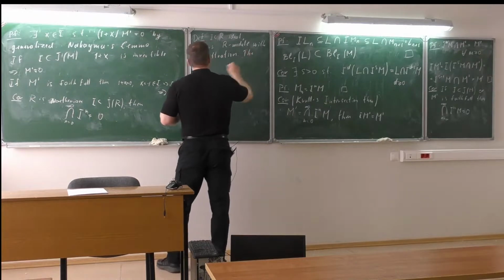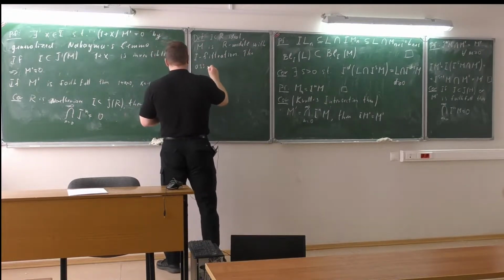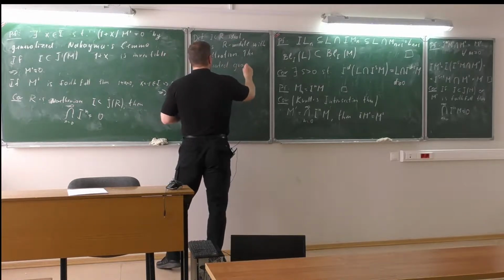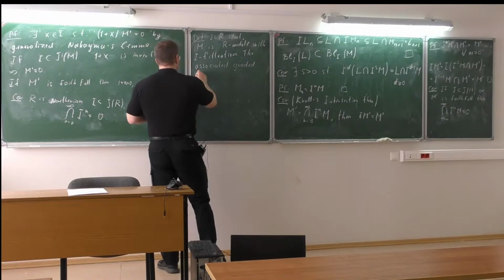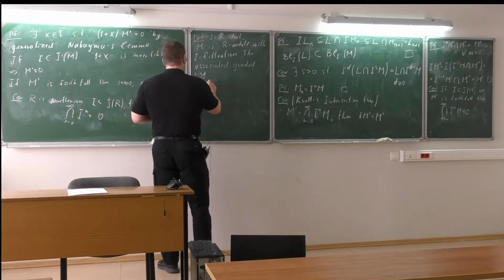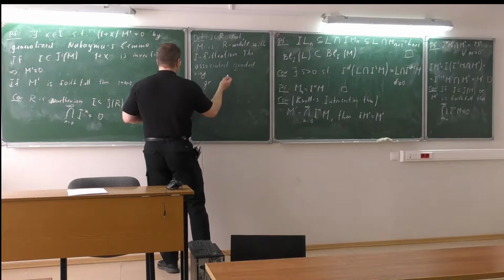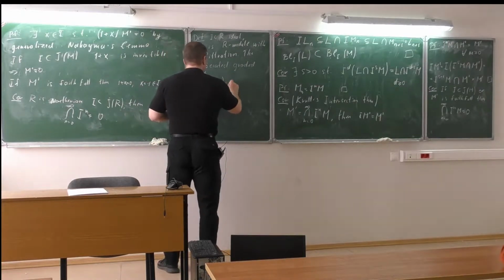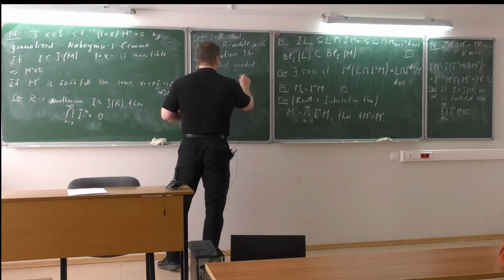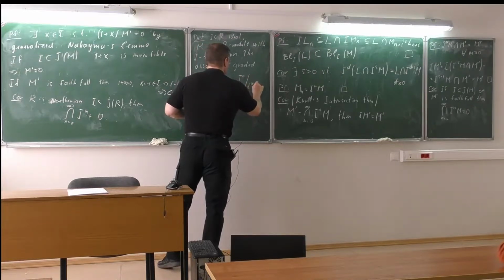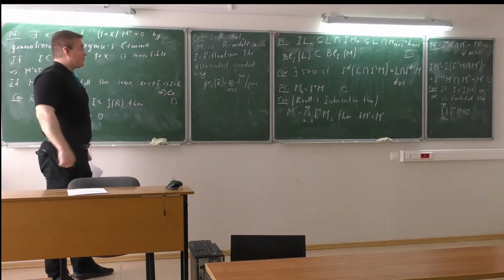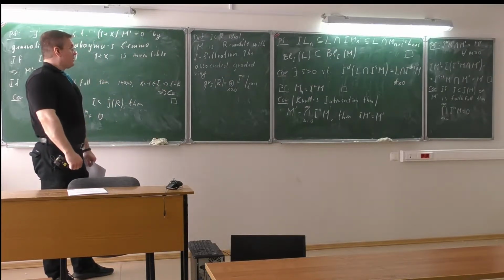So the associated graded ring is the following graded ring. The notation is gr_I of R, and by definition this is the sum over all non-negative n of I^n modulo I^(n+1). This is the definition of the associated graded ring.